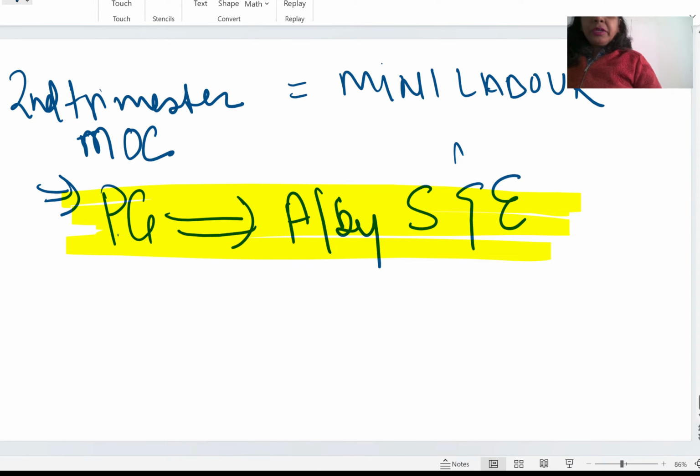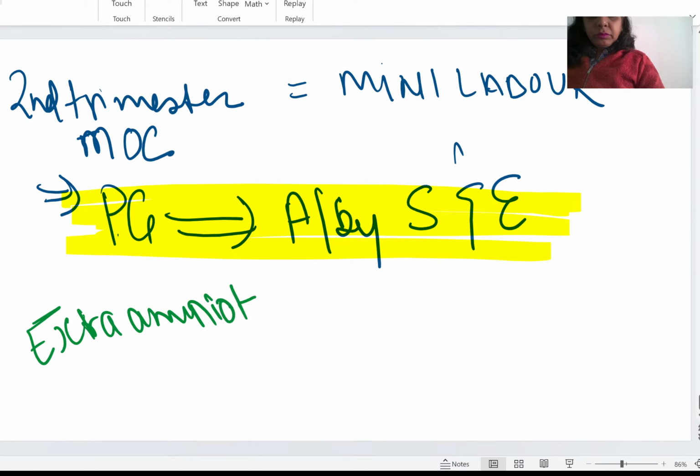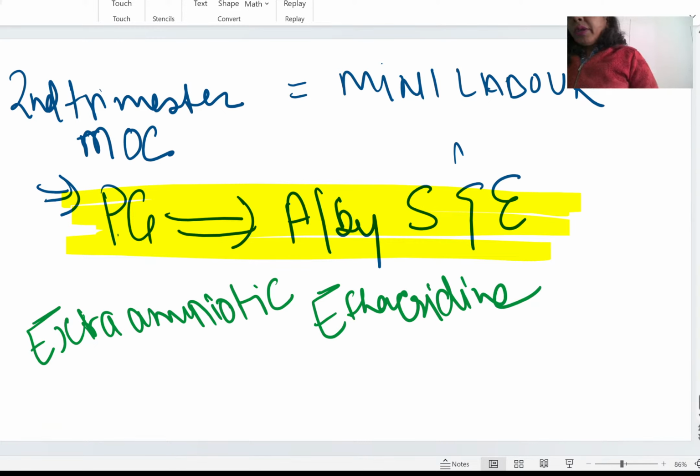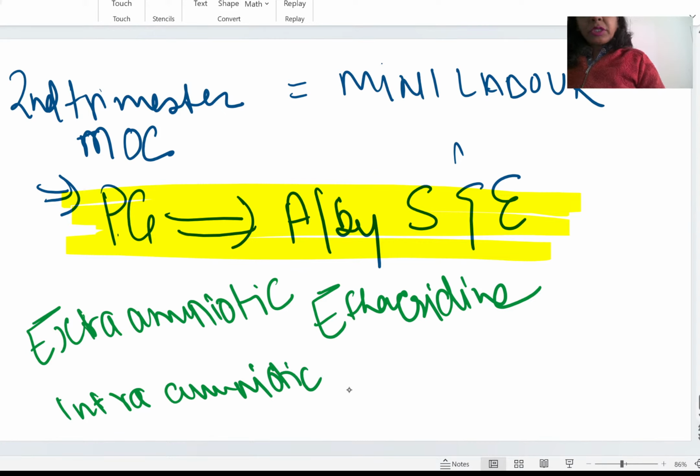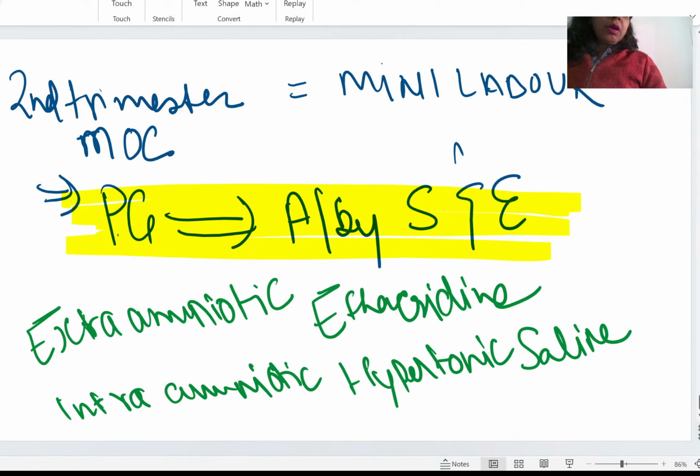What are the other methods which we can use? We can use extra-amniotic ethacridine, and intra-amniotic, very good, Dr. Nimra, hypertonic saline or glucose.